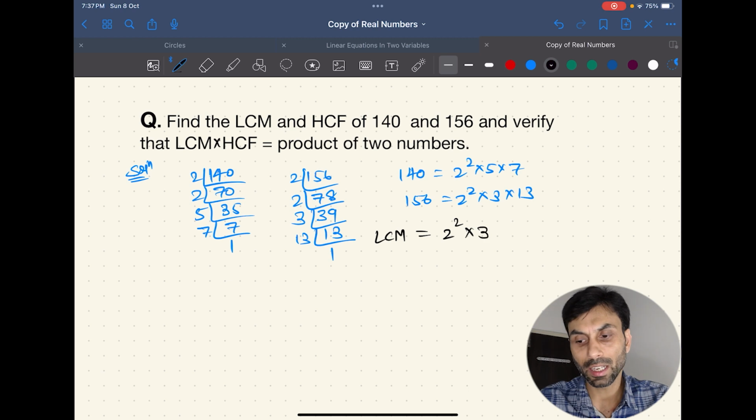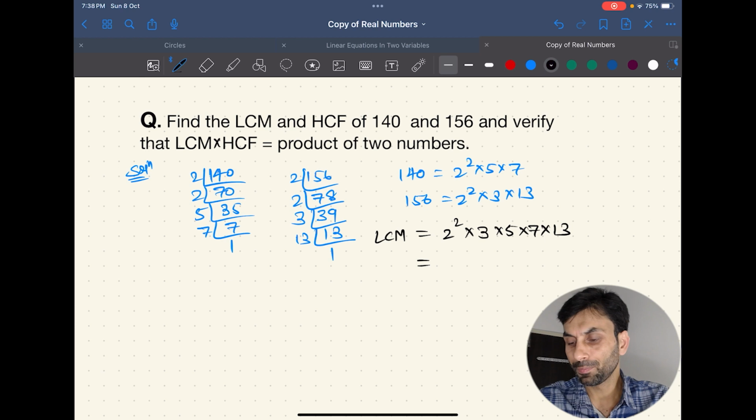The next prime factor is 3 and its highest power is 1. The next is 5 with highest power 1. Next is 7 and into 13.